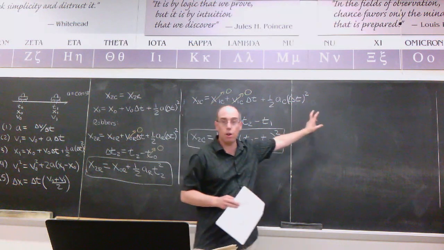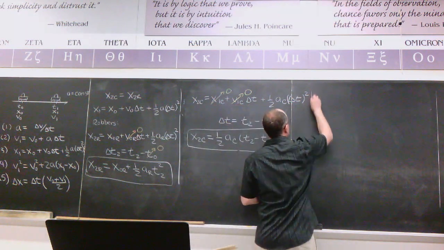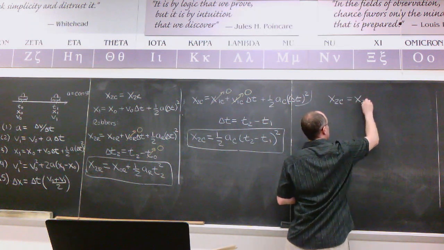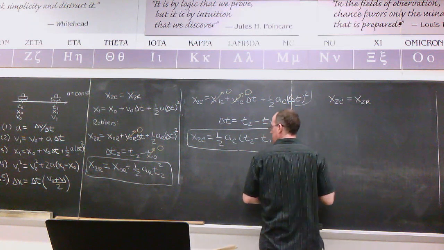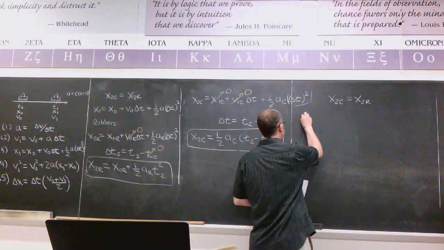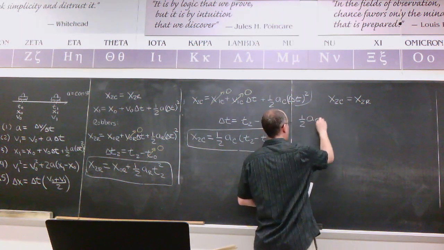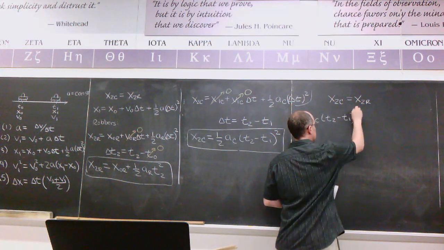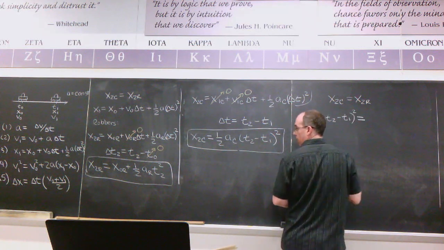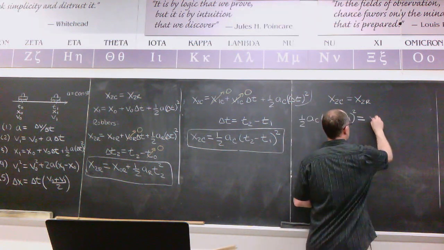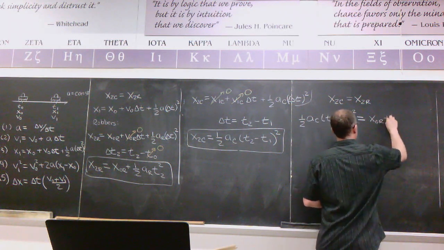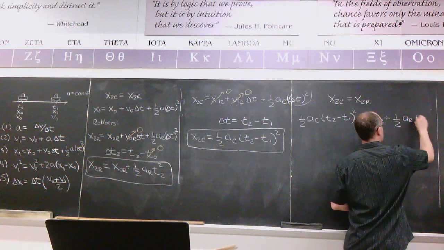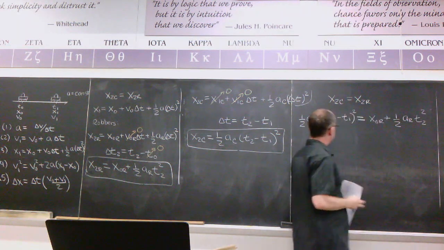All right, so continuing over here, set x2 cops equals x2 robbers. Substituting, we have 1/2 a cops, (t2 minus t1) quantity squared, equals x0 robbers plus 1/2 a robbers t2 squared.